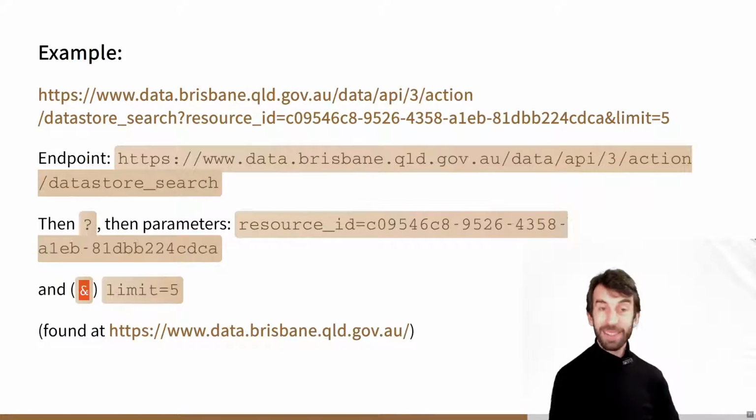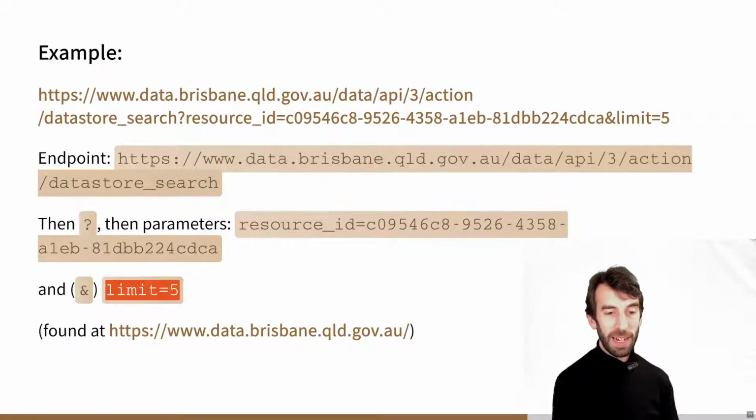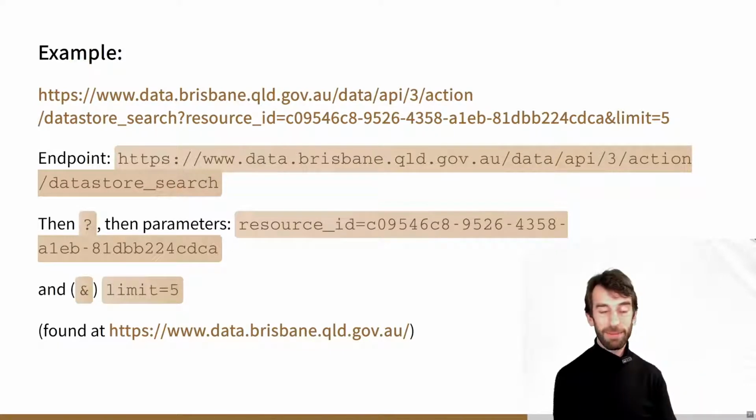And then we've got an AND symbol, just the normal ampersand, meaning another ANDed aspect, just like in our if then else statements. And limit equals 5. So we're trying to get some data where the limit of this data is 5, just the first 5 things against this resource ID. What do we get?